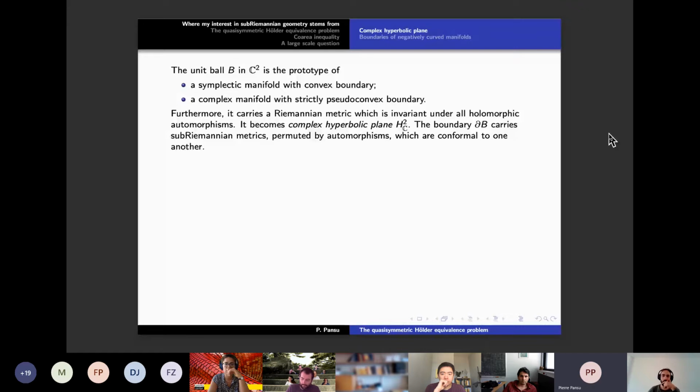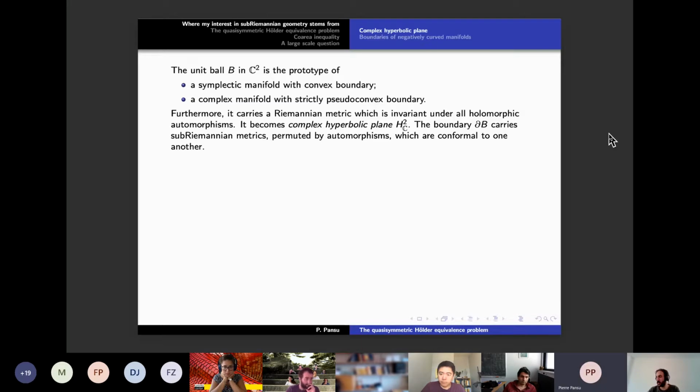So one can speak of sub-Riemannian metrics adapted to this contact structure. There is a particular family of sub-Riemannian metrics which are permuted by holomorphic automorphisms. In fact, there is one for each point in the ball.